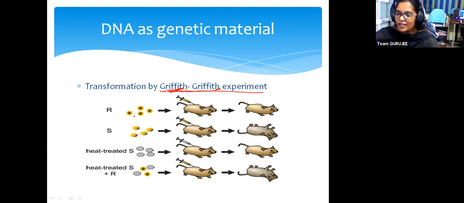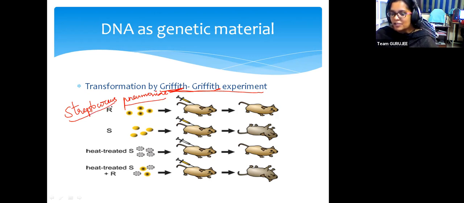In the first mice, he injected the organism named Streptococcus pneumoniae. This organism causes a disease called pneumonia.